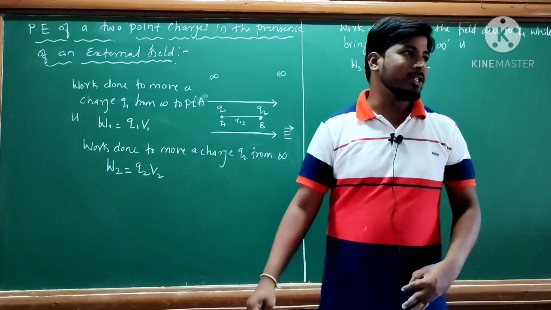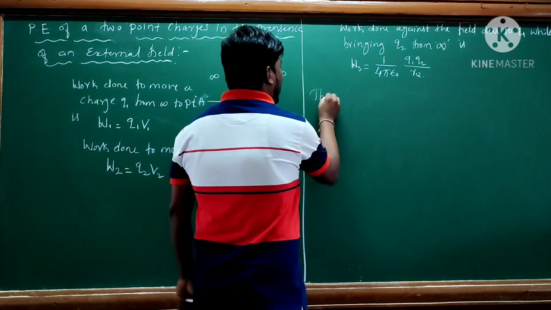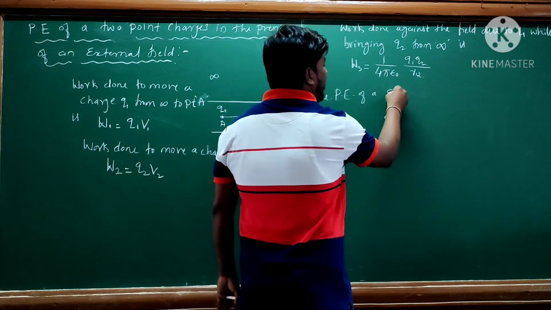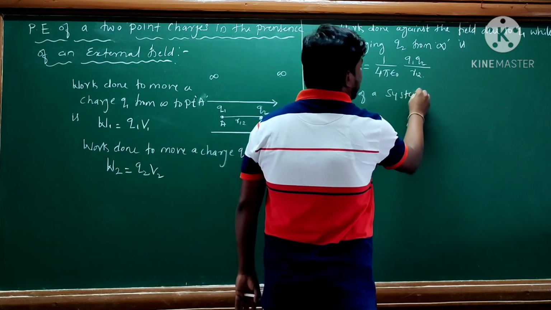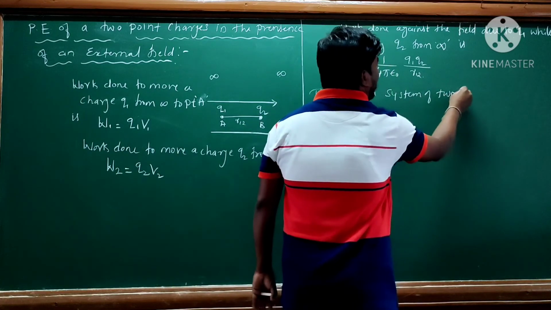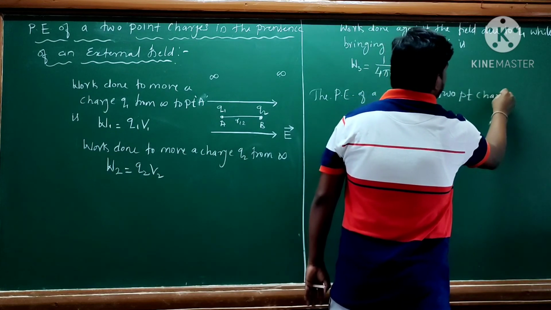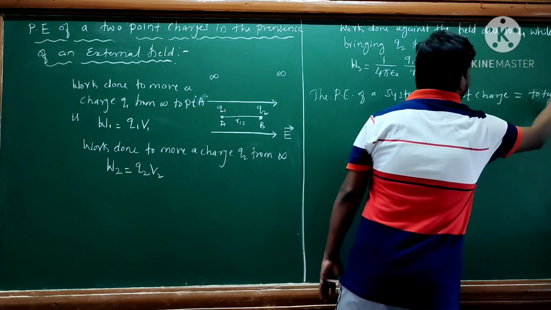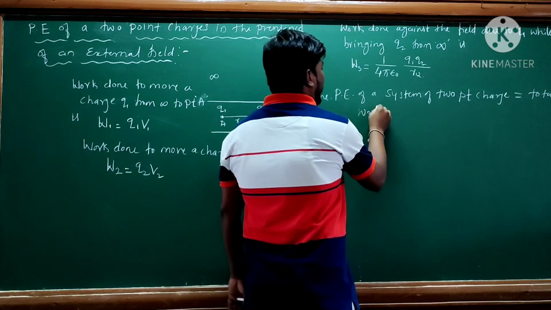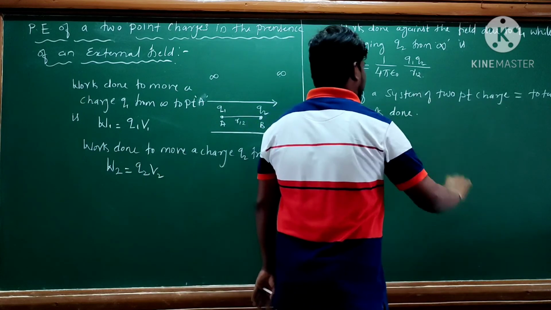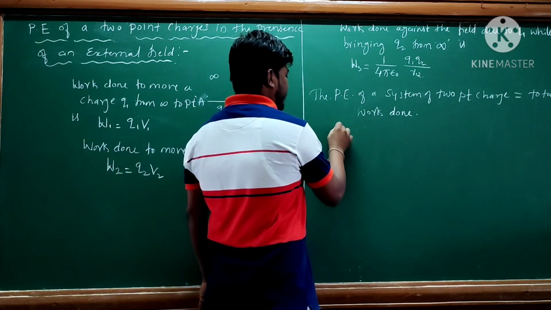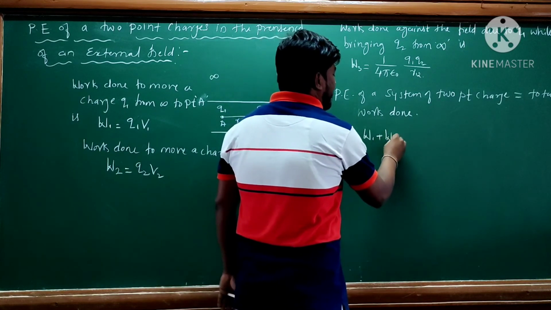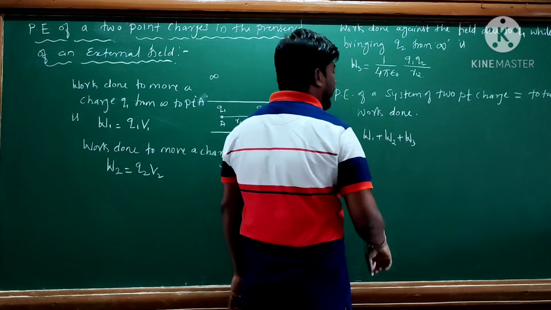So the potential energy of a system of two point charges is equal to total work done, that is U is equal to W1 plus W2 plus W3.